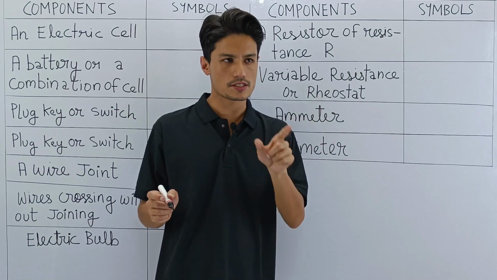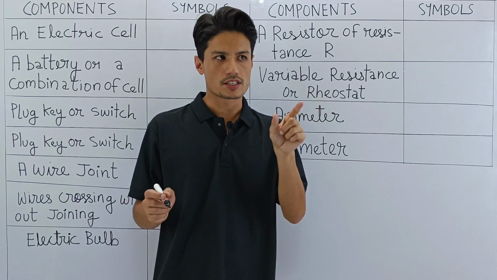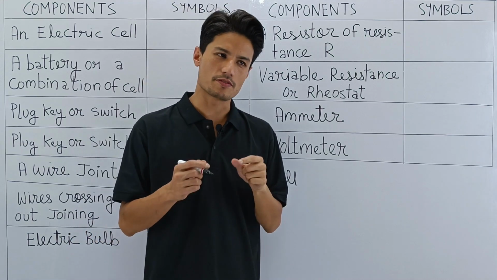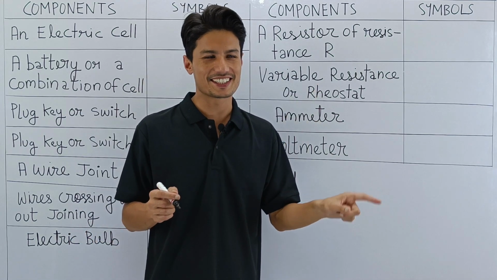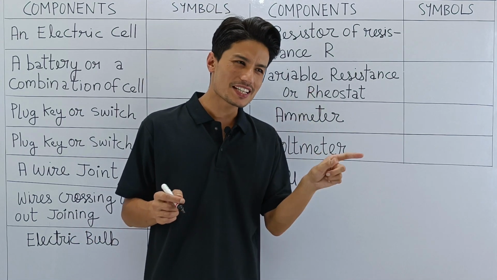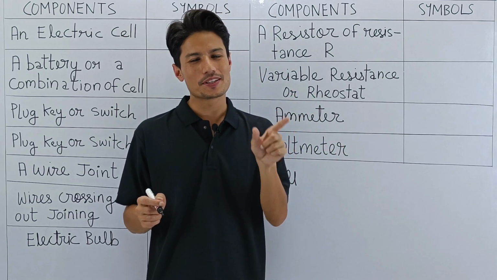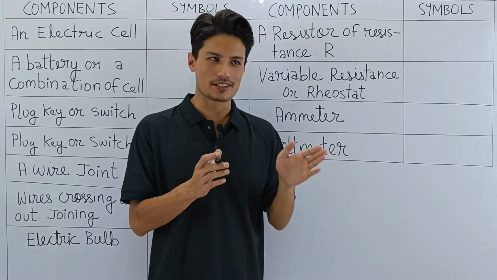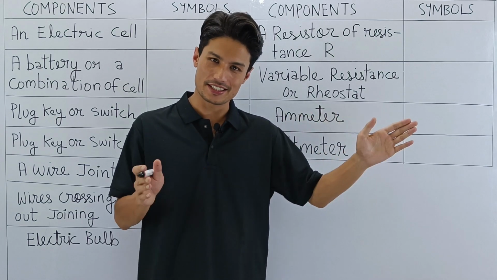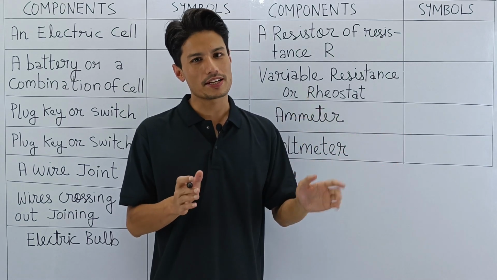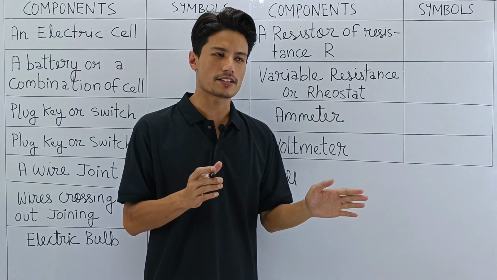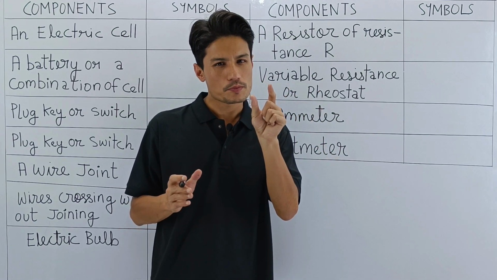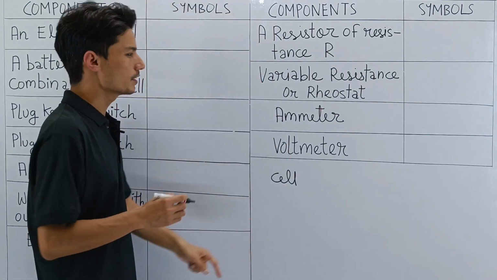Let's take the final definition: a cell is the smallest entity which can generate a small potential. A cell is going to be a building block of a battery, and batteries provide potential. So how to draw a cell?